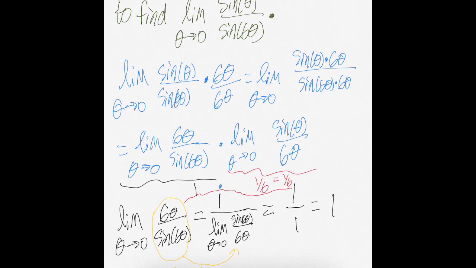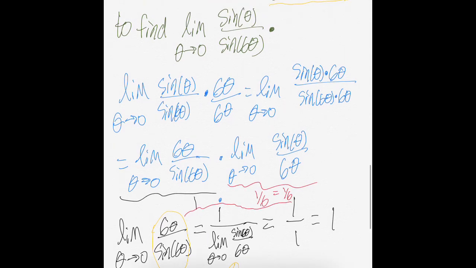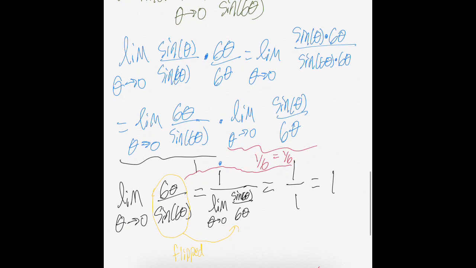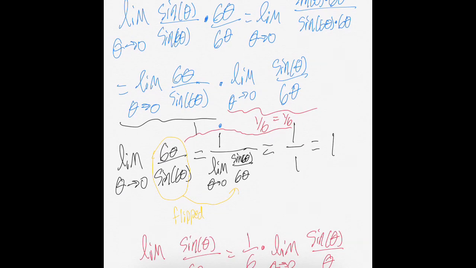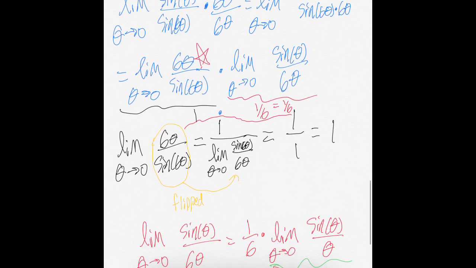But what we could do is introduce this 6 theta to give us something that looked like something over sine of something, where we had 6 theta over sine of 6 theta. And so we could flip everything there, and then we were able to use the sine of 6 theta over 6 theta.